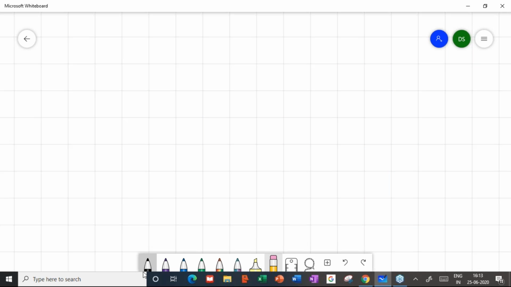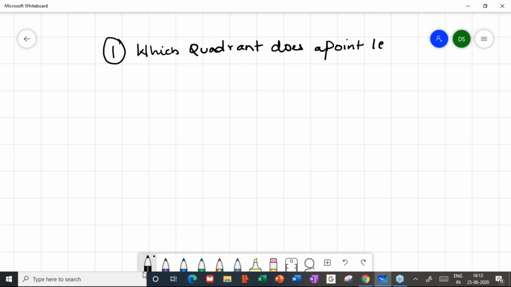Okay, so basically I'm just going to note down what kind of questions you are going to get. First, they are going to ask you which quadrant does a point lie? Right? They'll give you a point and they'll ask you which quadrant it is.